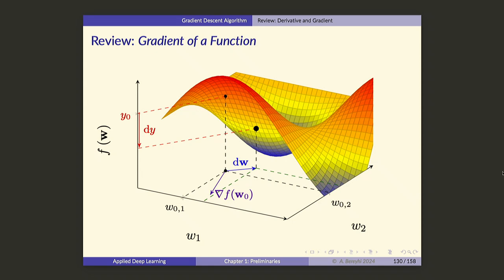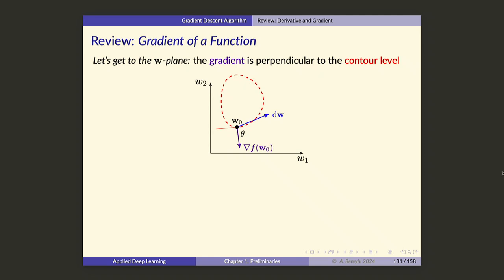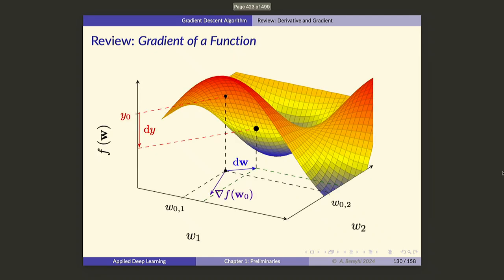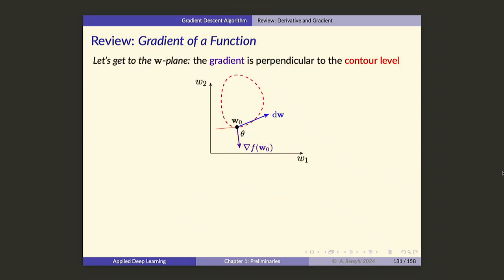Cool. OK. Great. So I can present everything in the space of my weight. How can I do it? Look at this guy. I mean, this is a surface in dimension, yeah? And then I can cut that surface, right? And I can look at that surface from the top, OK? And then that red dashed curve that you see here is basically what I see when I go to the top and look at that function after cutting it, yeah?